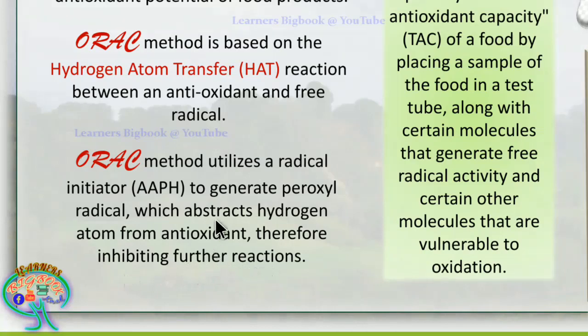But here, this point is related to the method of ORAC, where we use a radical initiator, a chemical compound called AAPH in short, which is going to generate the peroxyl radical.